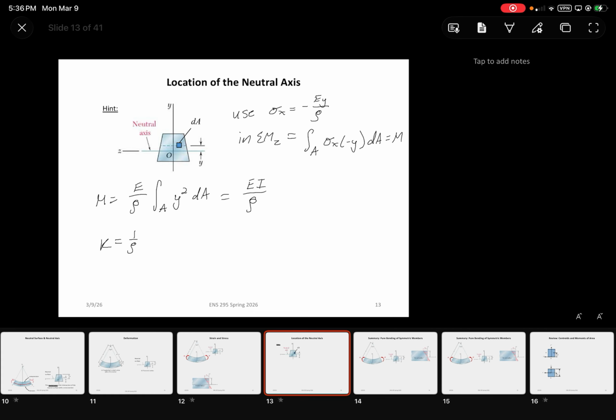So we define that, and we can rewrite this to define a term for rho, which is just equal to EI over M. And then, of course, the curvature equation is just going to be M over EI.